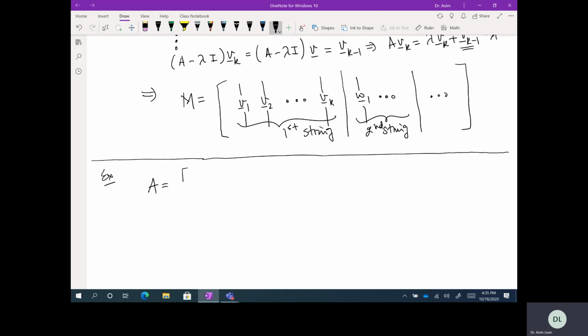So A is equal to, let's say, this matrix: 8, 1, 2, 3, 4, 5. Then I have a string of zeros. And then I have 8, 8, 0, 0, 0, 0. And then I have 8, 8, 0, 0.